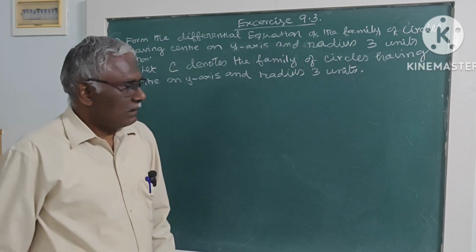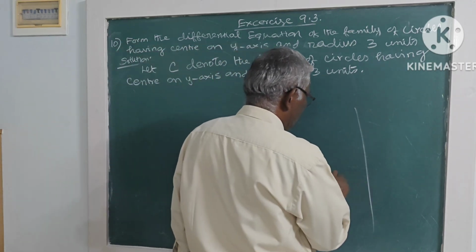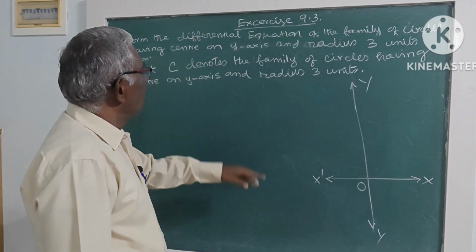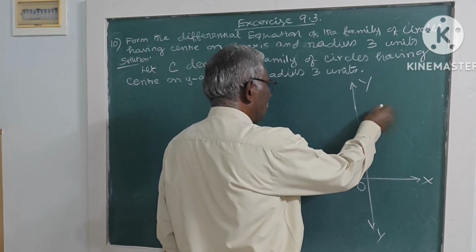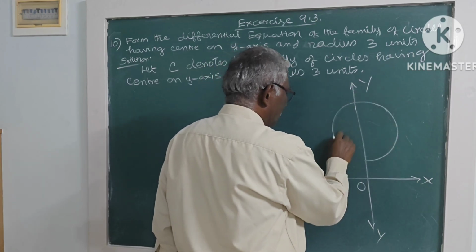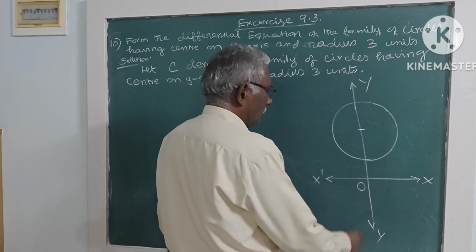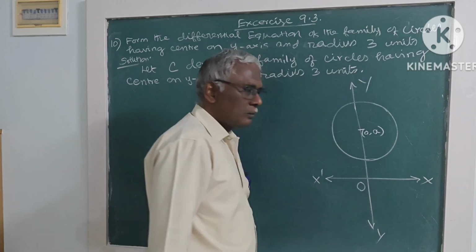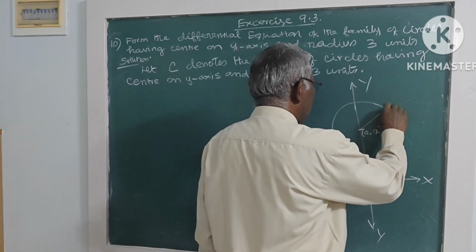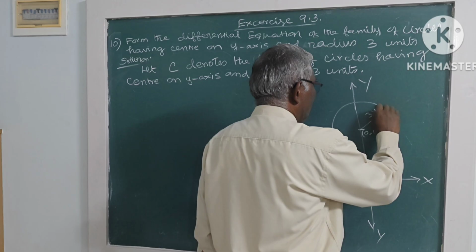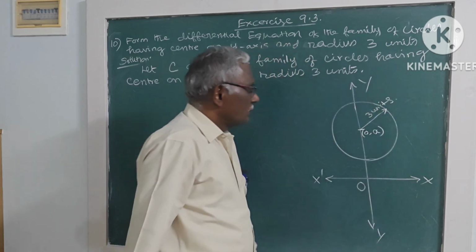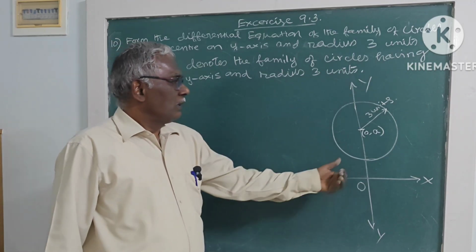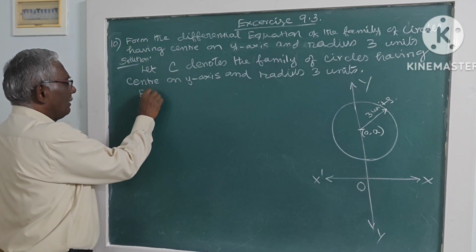We will draw only a rough sketch. So this circle has center on the y-axis and the radius is 3 units. So what is the equation of C?